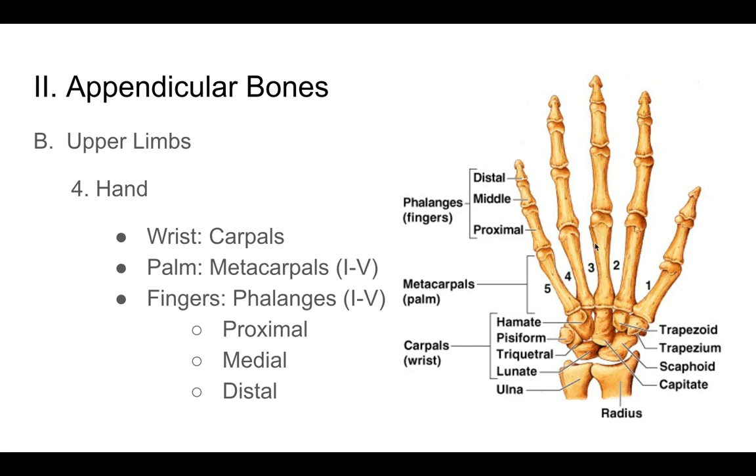Now on a diagram, here's where students get messed up. They forget that the metacarpal region of our hand is actually covered in flesh. It looks like it's part of the finger. So if I ask you, what is this bone right here? Your inclination might be, oh, that's a part of my finger, so that's a phalange.